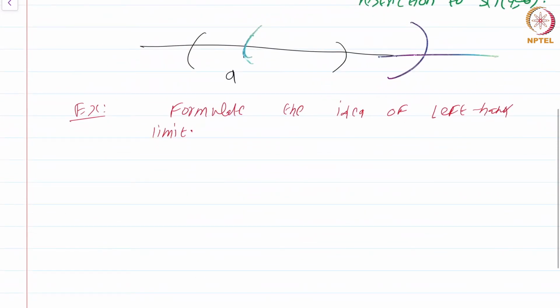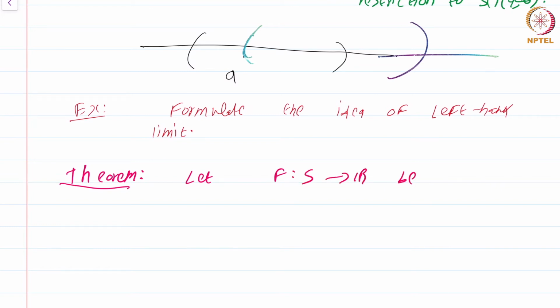Now let's prove one interesting theorem, and this is a theorem that is sort of taken to be a definition in high school. Let f from S to R be a function. Let A in S be a limit point.